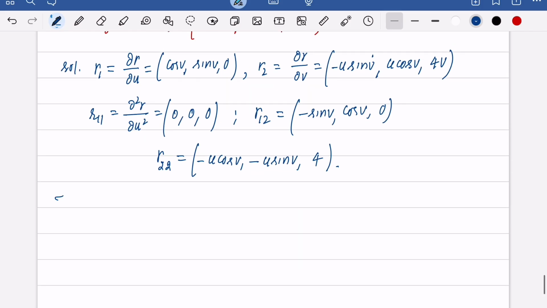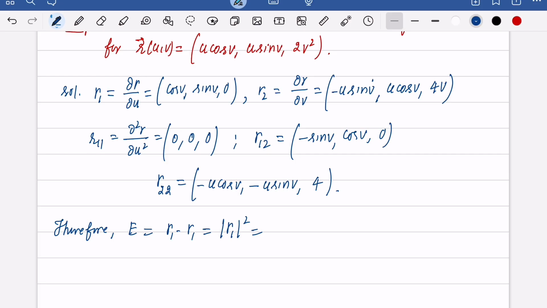Therefore we can evaluate E. Our first order fundamental magnitude E is equal to r1 dot r1, which we can write as modulus of r1 whole square, and r1 is equal to (cos v, sin v, 0), so cos²v plus sin²v plus 0² is equal to 1.